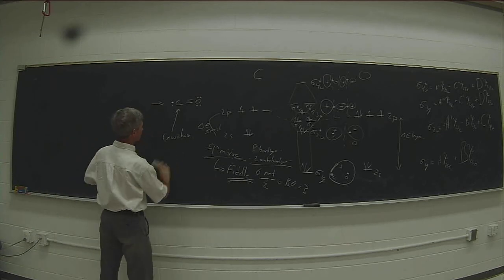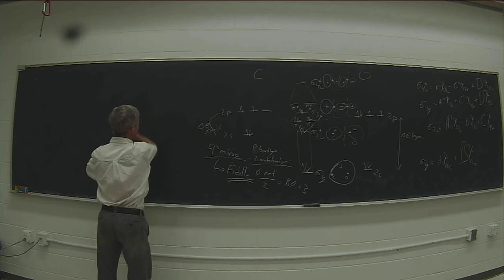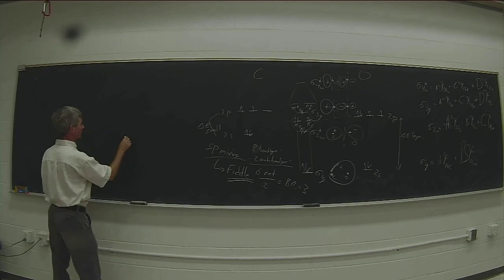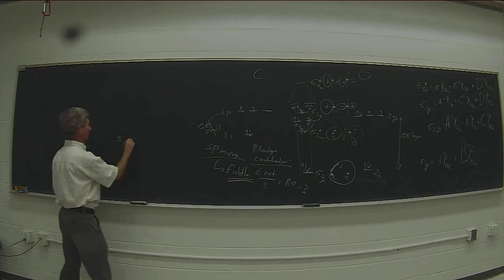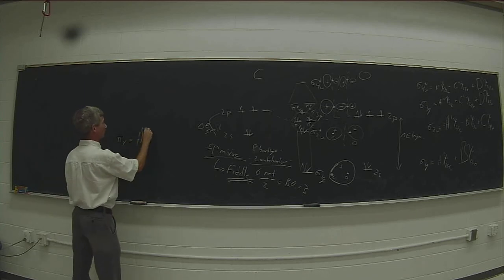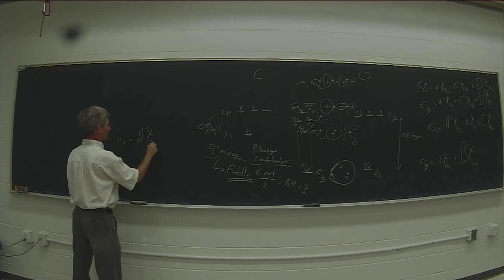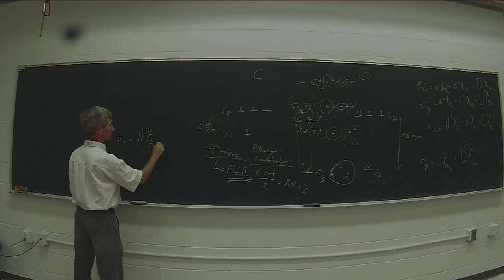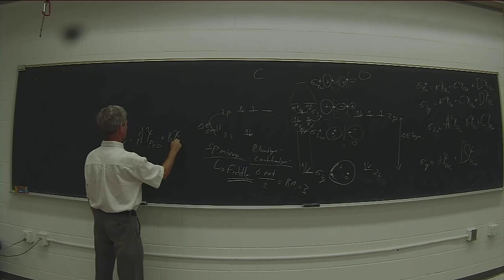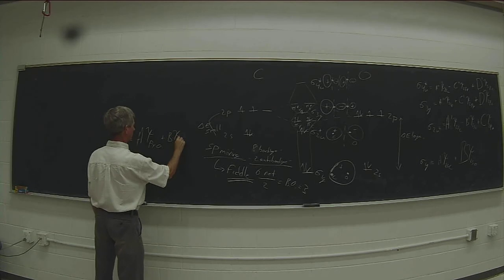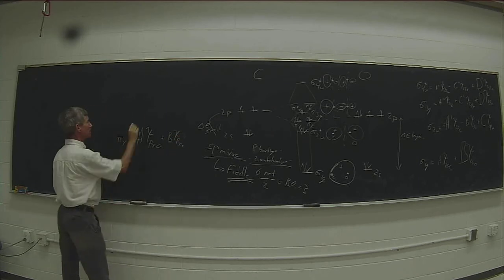The pi system is also going to be unsymmetrical because pi y is going to be formed from a large coefficient on the py orbital on the oxygen plus a smaller coefficient times the py orbital on carbon.